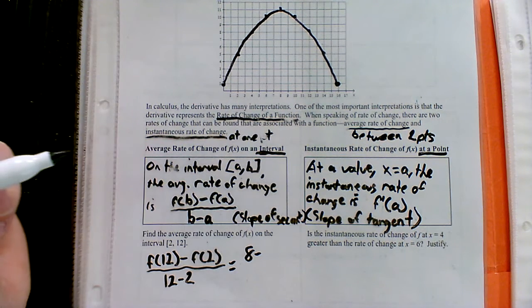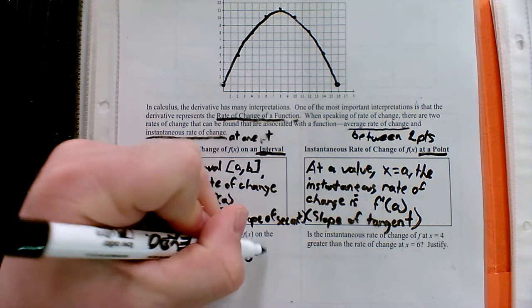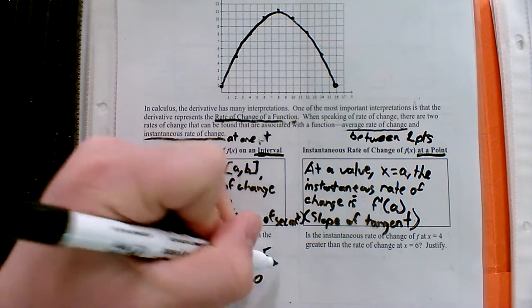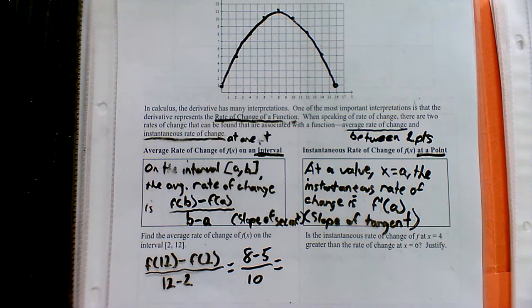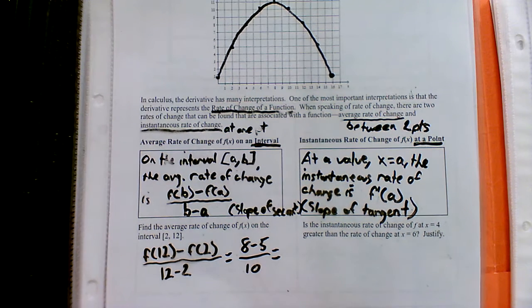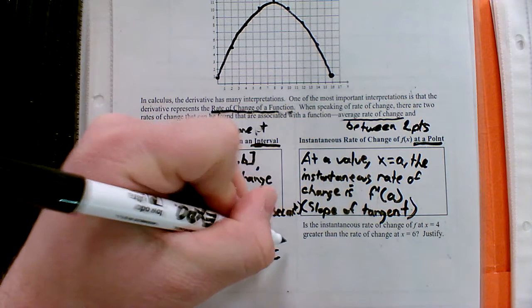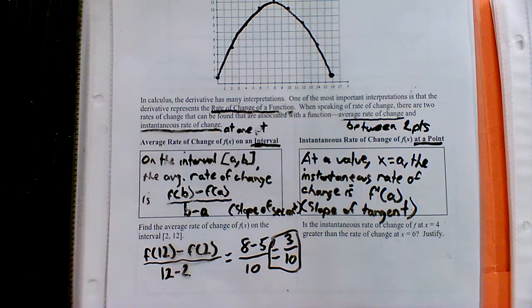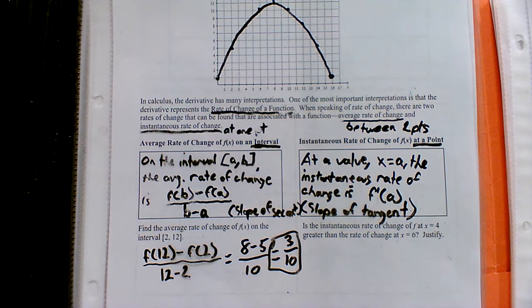Minus f of 2, well f of 2 is what? 5. And then we have 12 minus 2, that's 10 on the bottom. So our average rate of change is what? 3 over 10. So that's the average rate of change, or the slope of the secant, between 2 and 12.